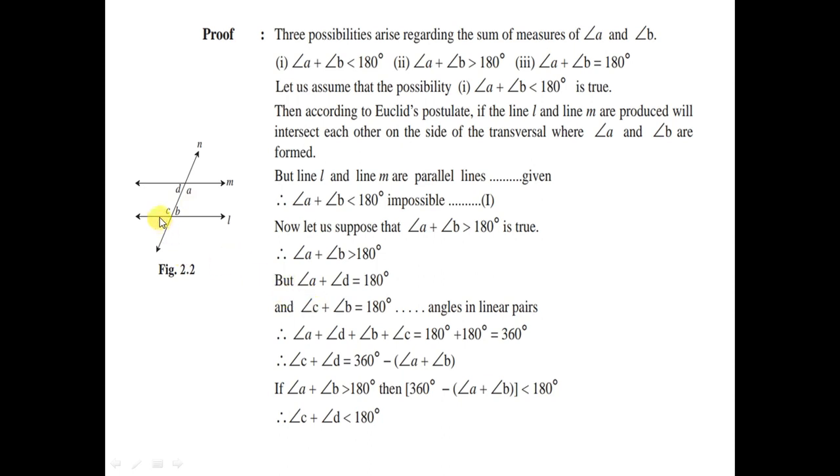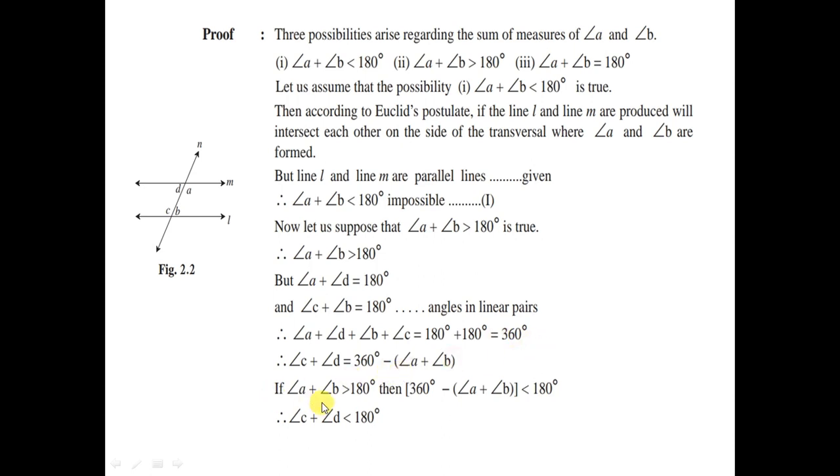And also angle C plus angle B, which is also a linear pair or a straight angle, their sum is also 180 degrees. So angle A plus angle D plus angle C plus angle B equals 180 degrees plus 180 degrees, that is equal to 360 degrees. So angle C plus angle D equals 360 degrees minus (angle A plus angle B), because I have taken angle A and angle B to the other side, so it becomes negative.